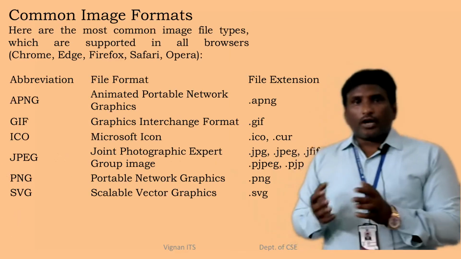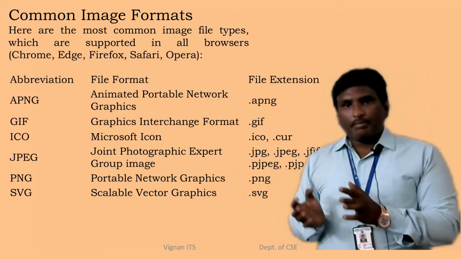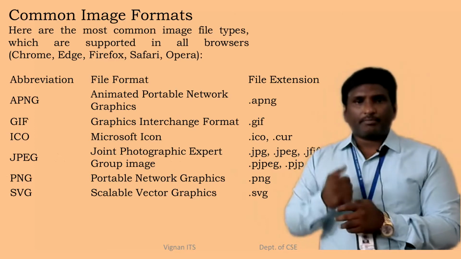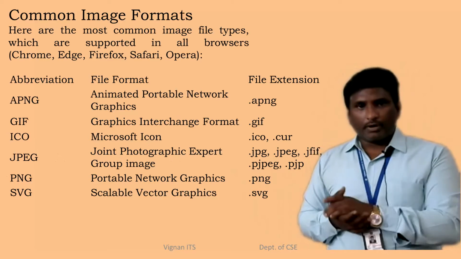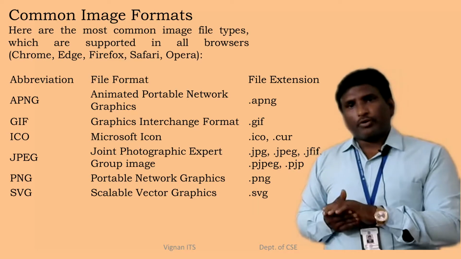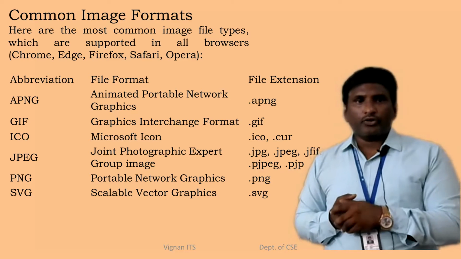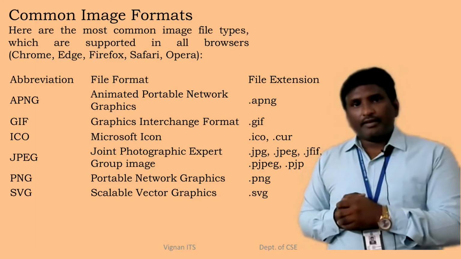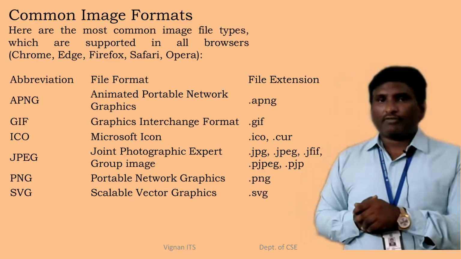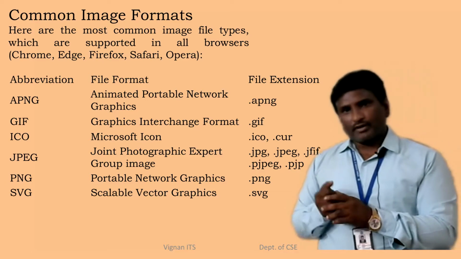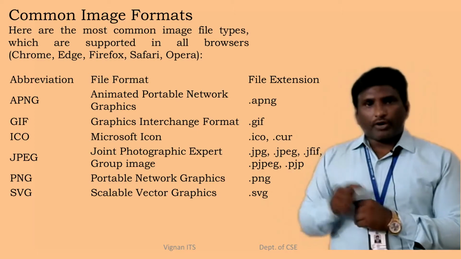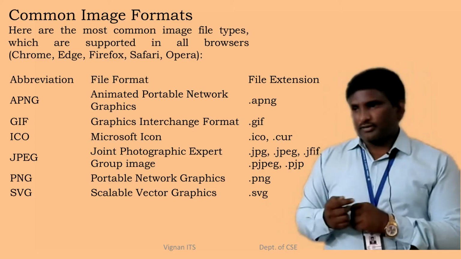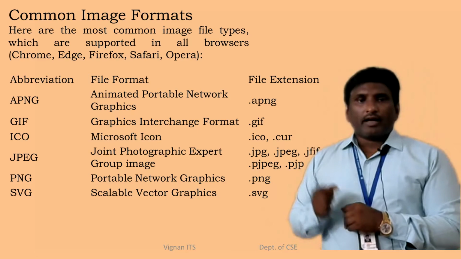Next, common image formats. The HTML image tag supports these types of formats. Here are the common image file types supported by browsers. Almost all browsers support all these formats. Just see APNG, animated portable network graphics, file extension .apng. GIF, graphics interchange format, .gif.